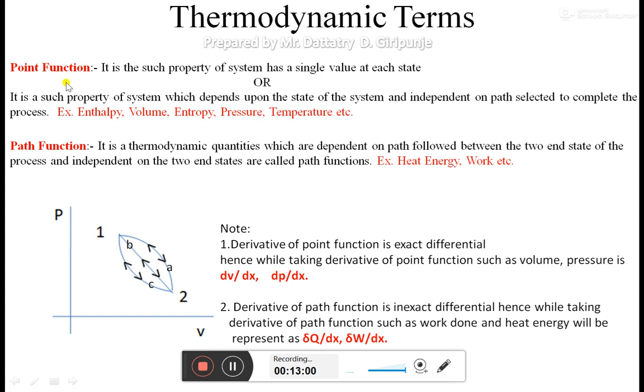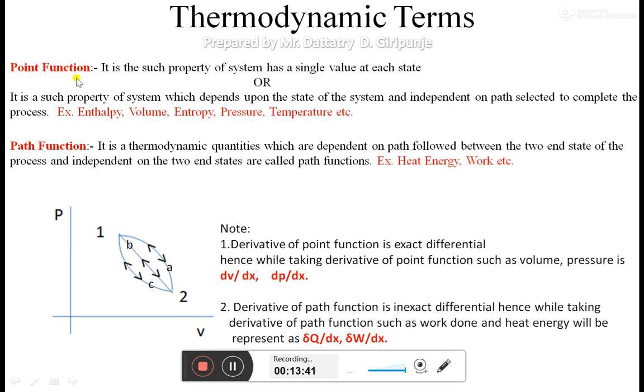Now, not all properties are point functions, and not all are path functions. Some properties are point functions and some are path functions. Always, the difference of two path functions is also a path function. This is something we will see later, but just for the sake of time, understand the meaning of point function.